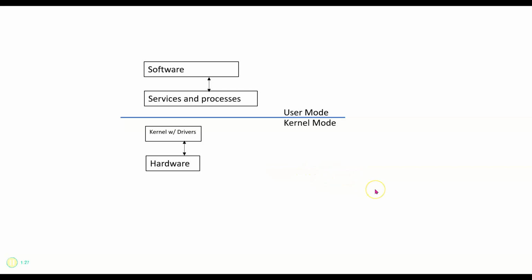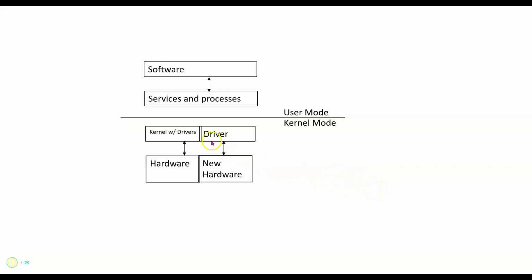So I need to add my own driver. If you think of it this way, the drivers that I add here, these are my new drivers, will support the new hardware. So most drivers exist here in kernel mode and are extensions of the kernel.